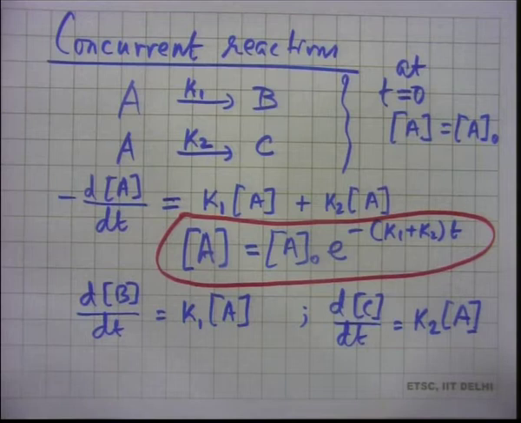Fine. So, that means we got concentration of A as a function of time. We would also like to get concentration of B as a function of time and concentration of C as a function of time.